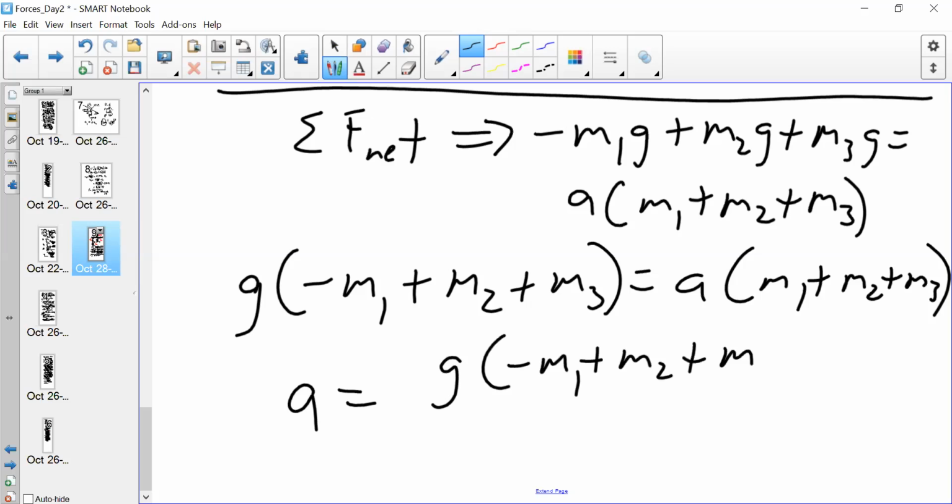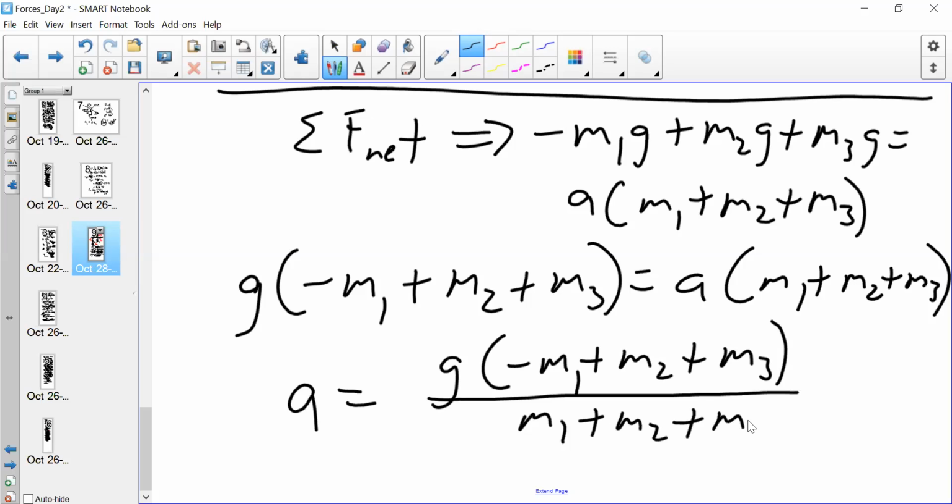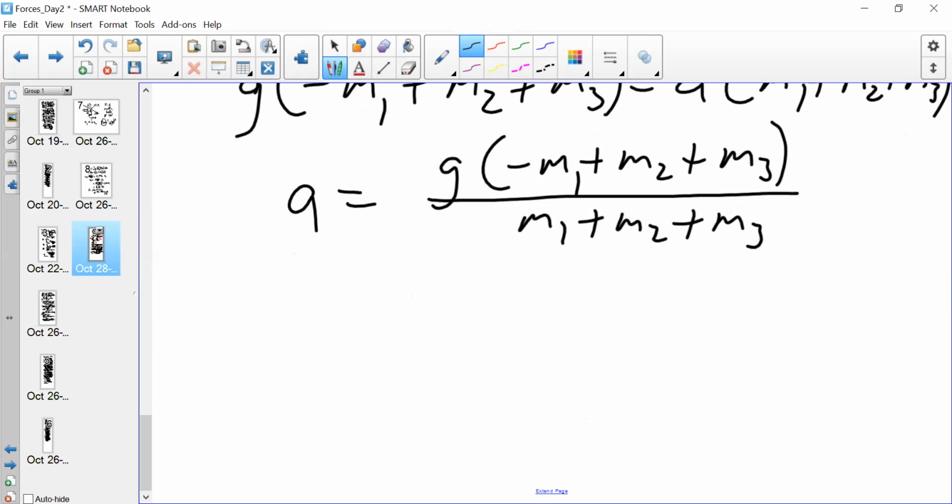All right, so let's go and solve this out. Solving for A, we divide everything by the total mass. Because we're solving for A, we divide both sides by M1, M2, M3. It's the numerator, and now we just put in the numbers.